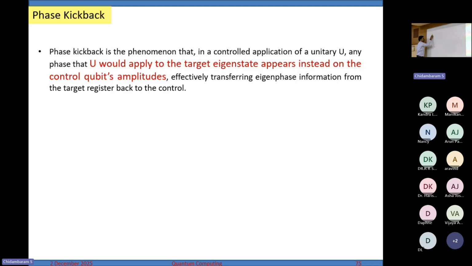Generally the control says and the target gets reflected, but here you have a phase kickback. I will take this simple example.